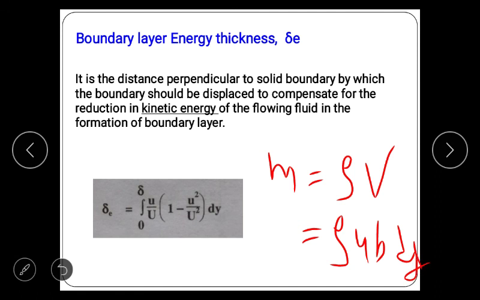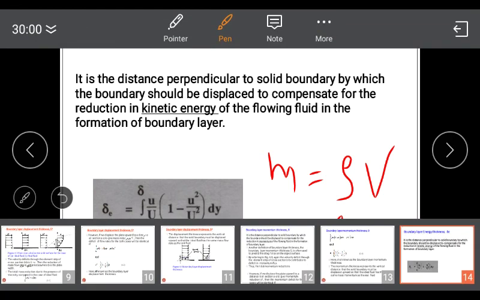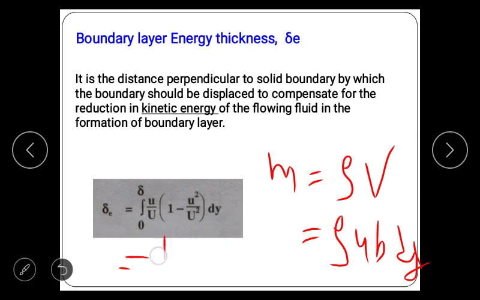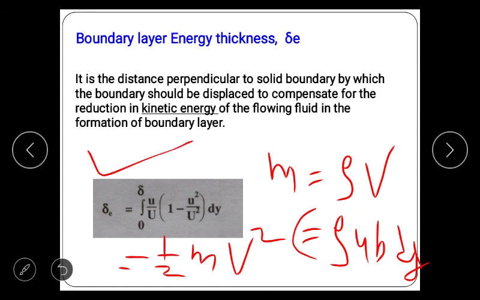In the kinetic energy we put 1/2 in place of mass this term, and v square. So we can derive this formula by further derivation, and the final formula is this.